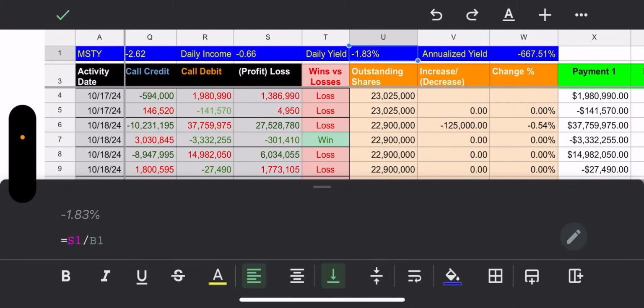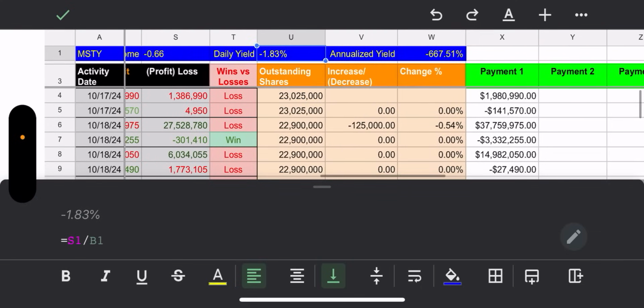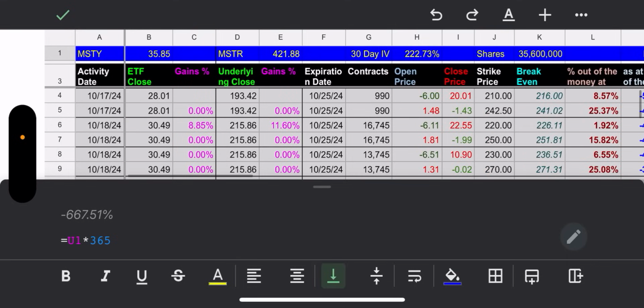So basically, since they're making negative income divided by that price, it shows how much the daily yield is. Yeah. So since it's in the negative, it doesn't really matter. But if this was a positive, it would be showing we're making 1.83% per day. And then to annualize that, you just take the daily yield and you multiply that by 365. All right? Simple enough. That's all formulated.